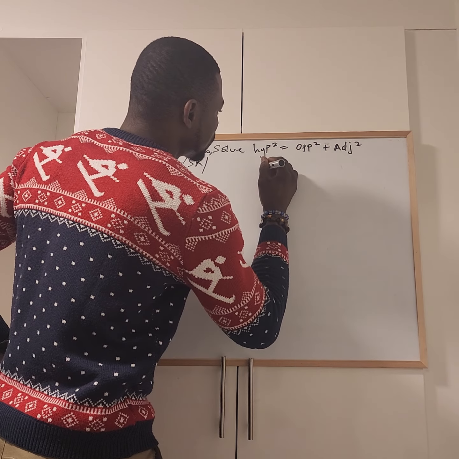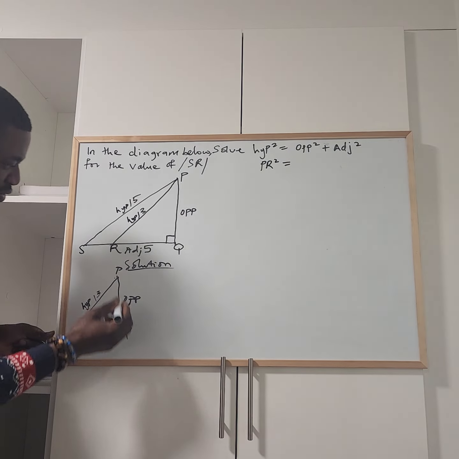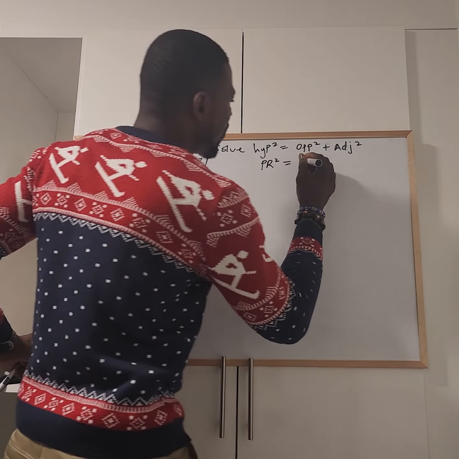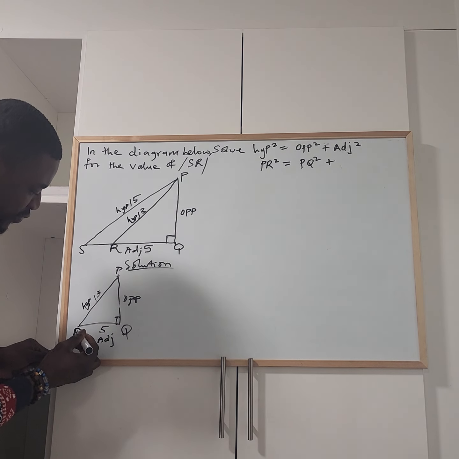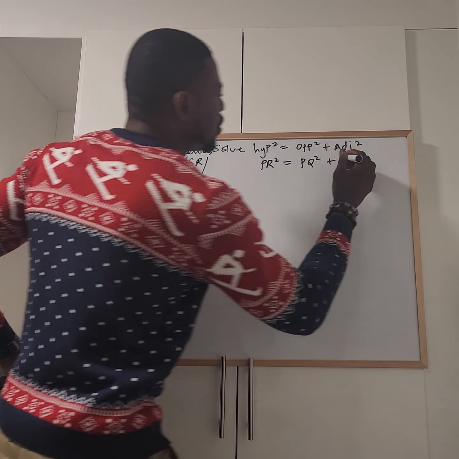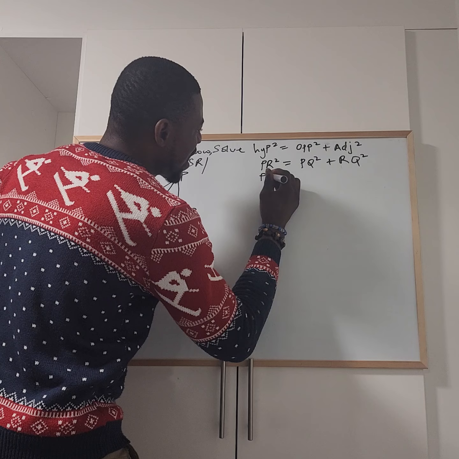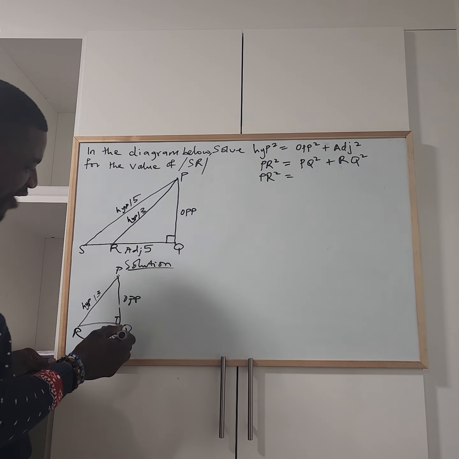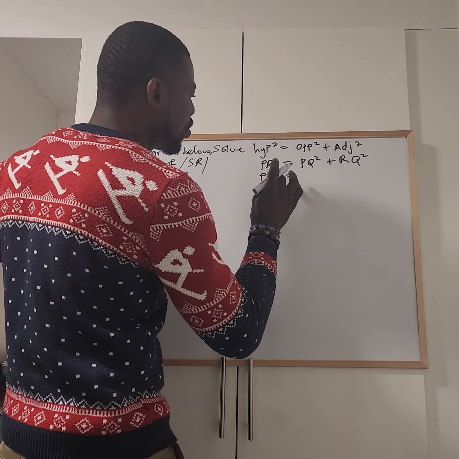So I can say that PR squared equals PQ squared plus our adjacent, which is now RQ squared. Our PQ is the value we don't know.